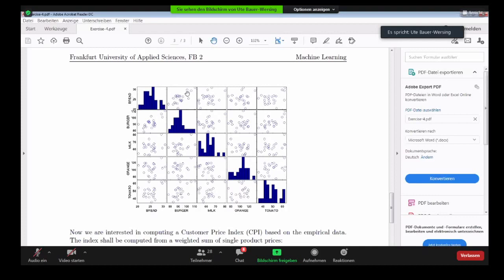There is obviously a correlation there, and we see the correlations for all the different combinations. That's what we can visualize. We cannot visualize the distribution of the data because the input space is 5-dimensional.